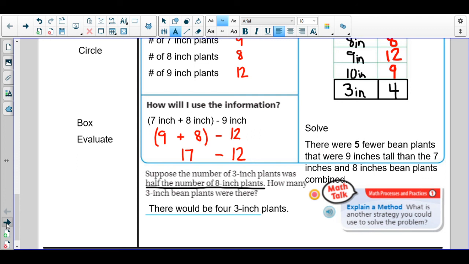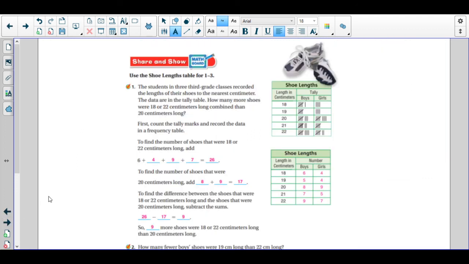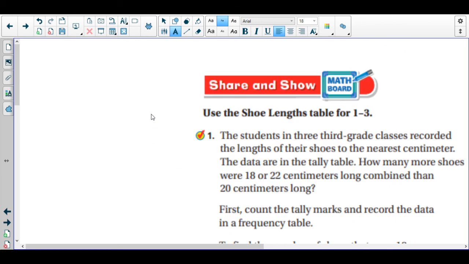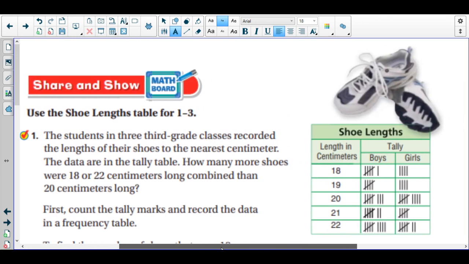All right. Here are the answers for the show and share. Let me go ahead and get zoomed in on this. Hopefully a little bit easier to see. All right.